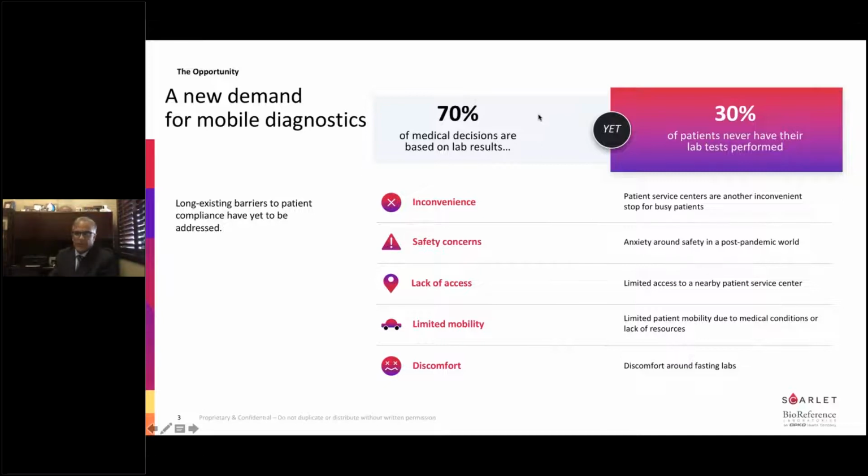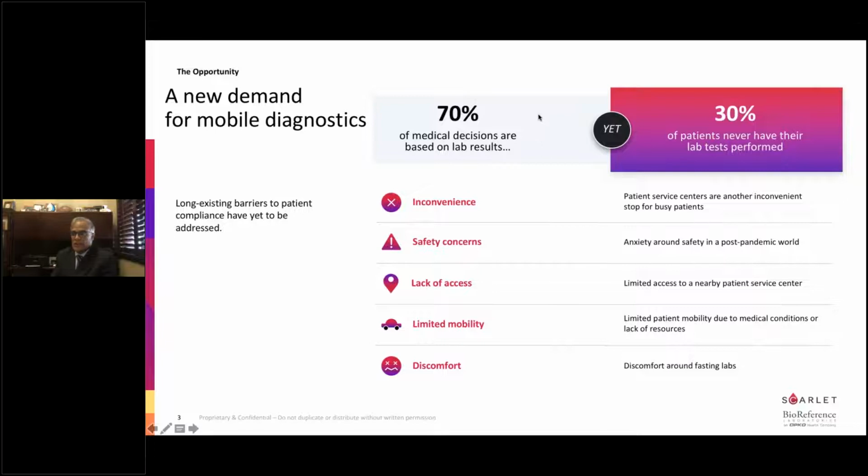A lot of the patient service centers, whether commercial or within health systems, university systems, and so forth, are very crowded areas with very limited access, sometimes to a nearby patient service center, where the patient would have to drive a longer distance, taking more time out of that patient's day to access what we refer to as a PSC, or patient service center. Also, limited patient mobility due to particular medical conditions or lack of resources.